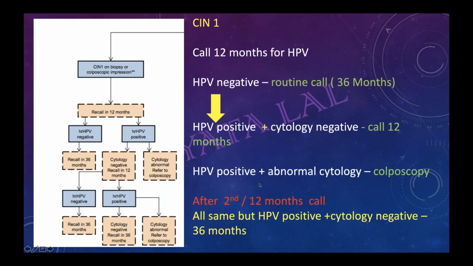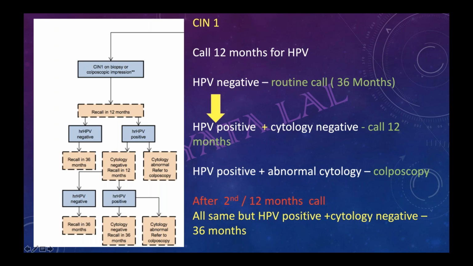And if at any time this combination is there, blindly you have to send this patient for colposcopy. So in any scenario, HPV positive with abnormal cytology, your answer will be referral to colposcopy. Fine, so this is easy to understand. Now this patient, because you have called her after 12 months, she again came after 12 months. But this is the second time she is coming.